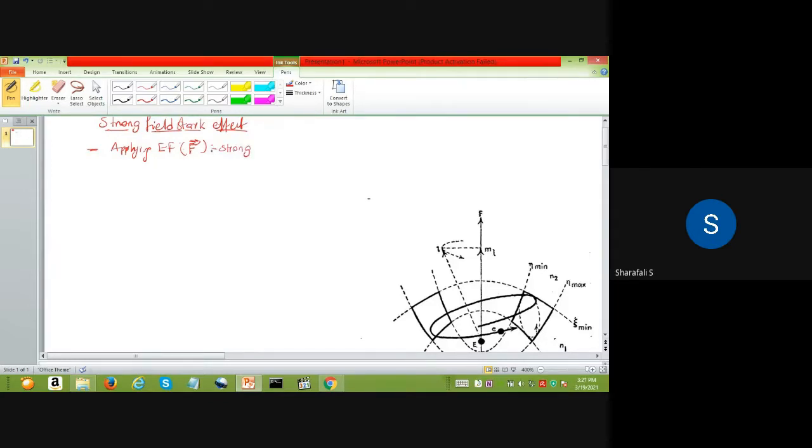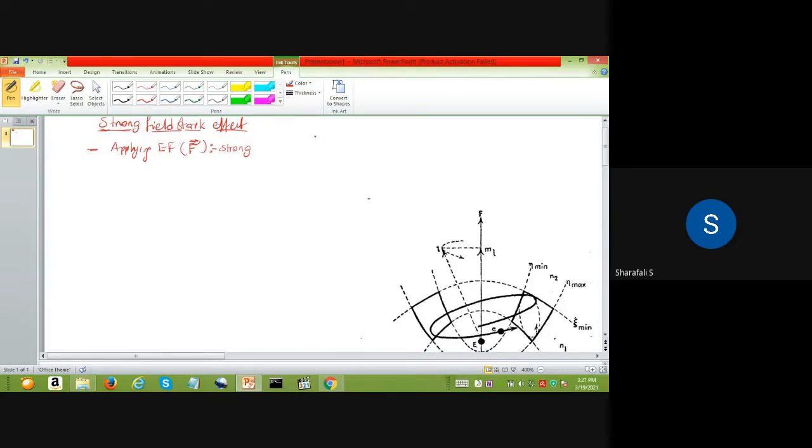In the last class, we discussed the action of the electric field on the spectral line if the electric field is weak, and we call such a phenomenon the weak field Stark effect. In this case, we are applying a strong electric field.